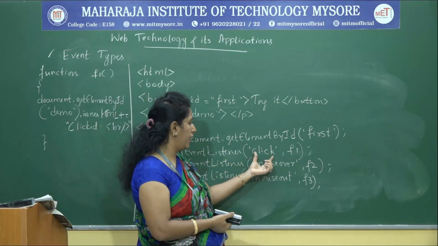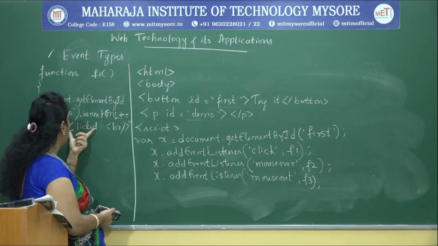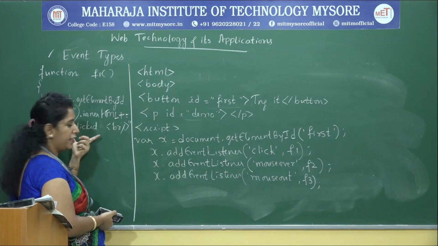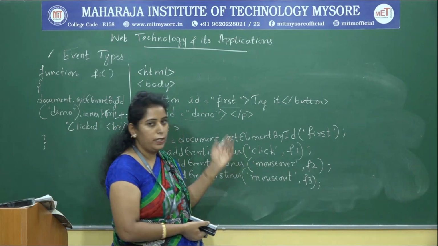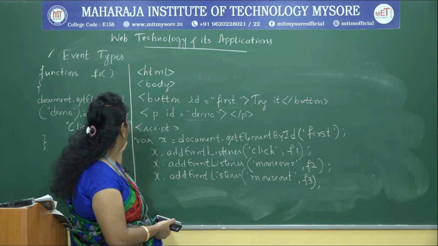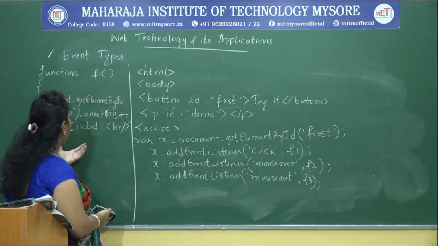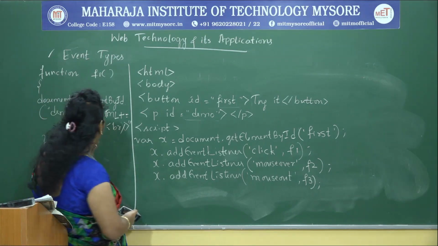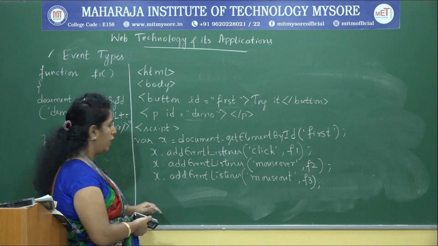What is the event? Click, right? So whenever you click on that, you will get the message clicked. Once I run this program, you can observe the output. Once I click, it is printing clicked. In the same way, I have to write two more definitions for function2 and function3.